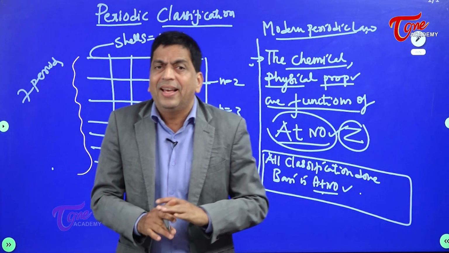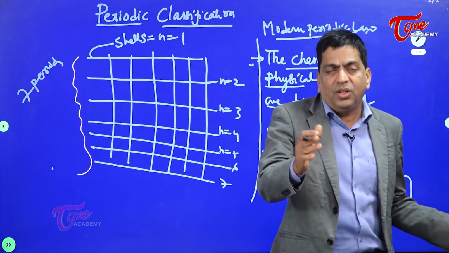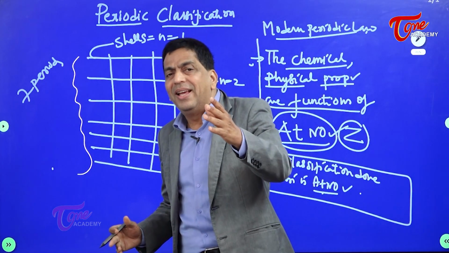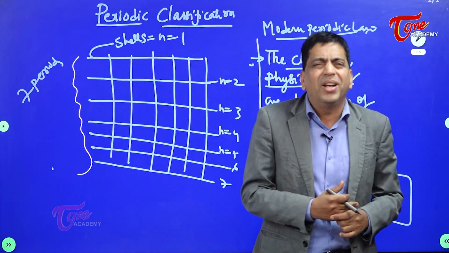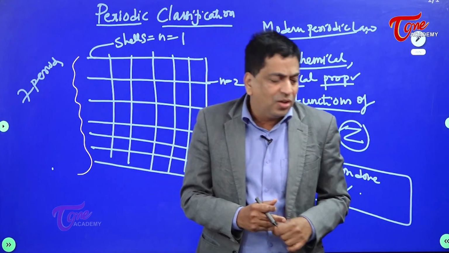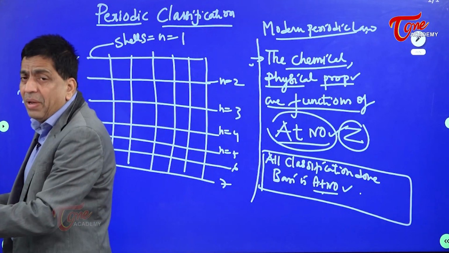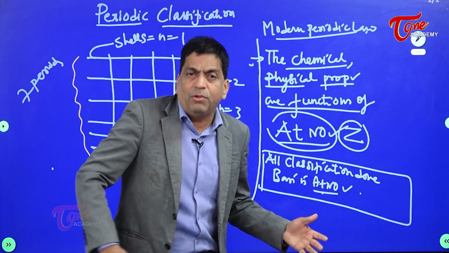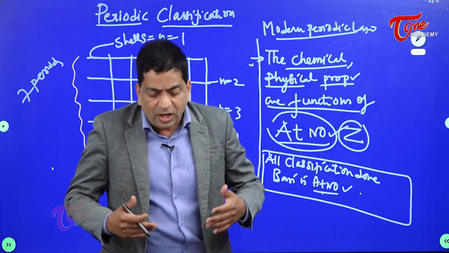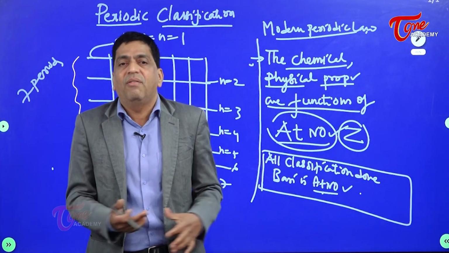It's almost like you can say the extreme left is the S block. I'm just briefing it. You might be knowing it, but before I go into details, I think this geography is important. So the extreme left is the S block, and the extreme right is what? P block, and in between you have your D block, and then when you come down from the main frame of the periodic table, you have the F block.